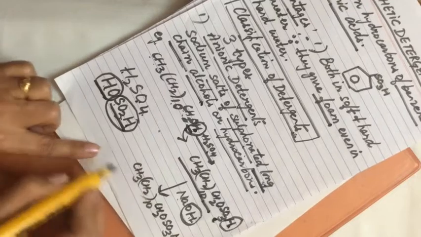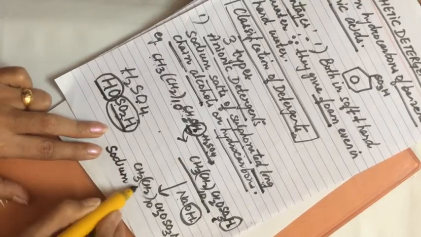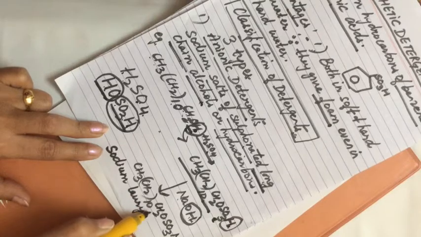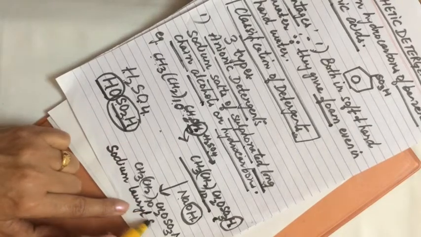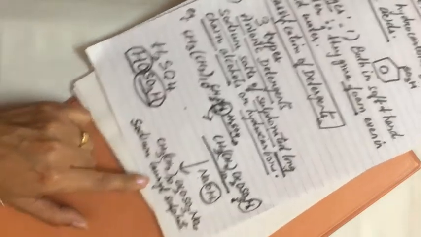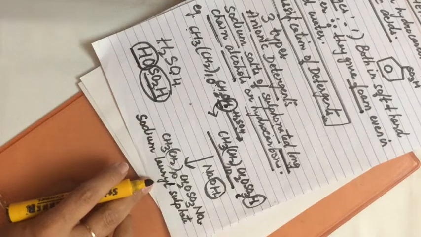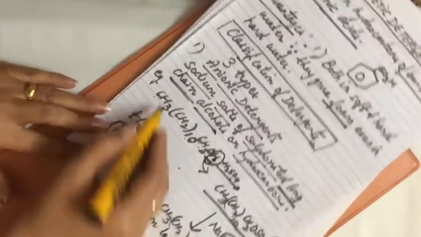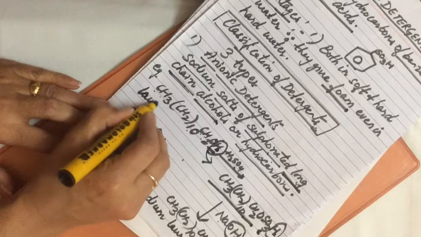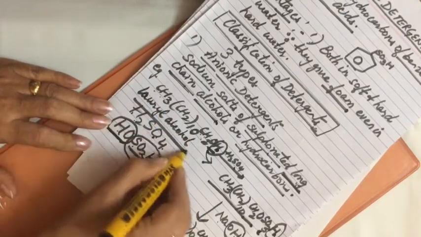Name of this detergent is sodium lauryl sulfate. Sodium lauryl sulfate. This is an example of an anionic detergent, and this alcohol is lauryl alcohol.